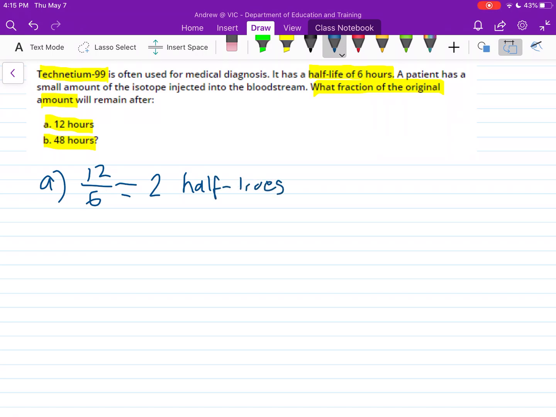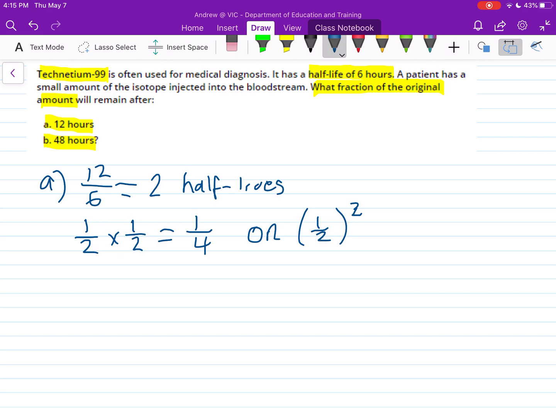Sorry, that is horrendous writing there, but I think you get the idea. So how much would be left after that? If we've got 2 half-lives, we've got 1/2 times another 1/2, so we would have 1/4. You can also write this as 1/2 squared, because we've got 2 half-lives here.